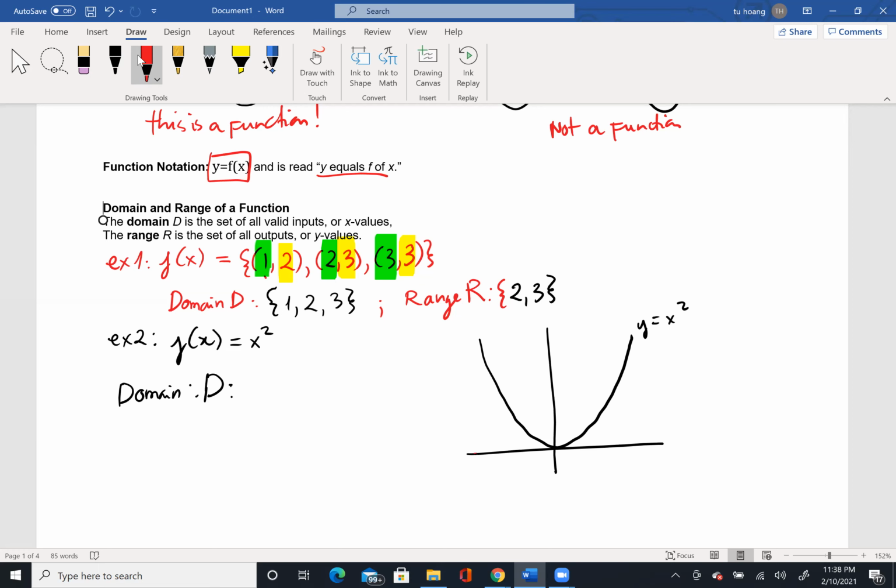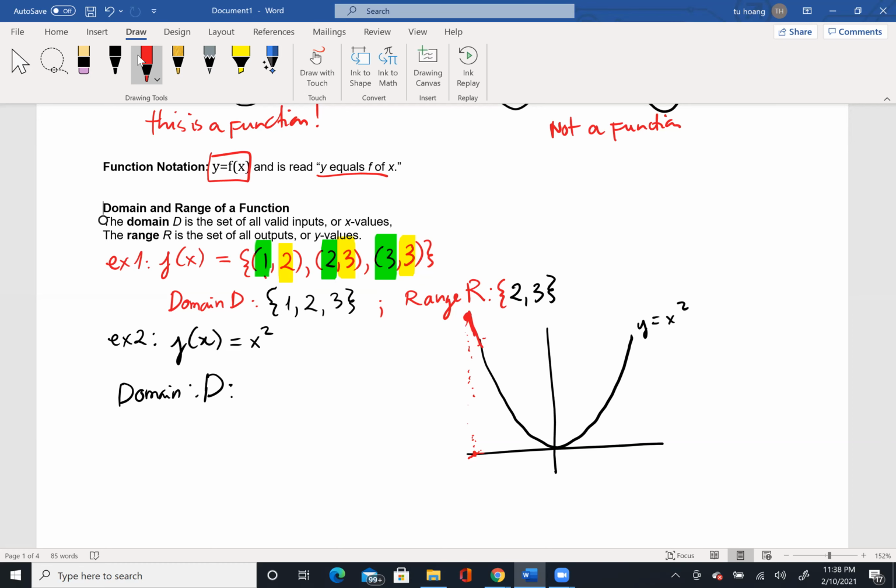You can consider any value of x on the x-axis over here. Say here at this point, do I have a value of x on the graph of y equals x squared? The graph will go to this point, and there is a point here.